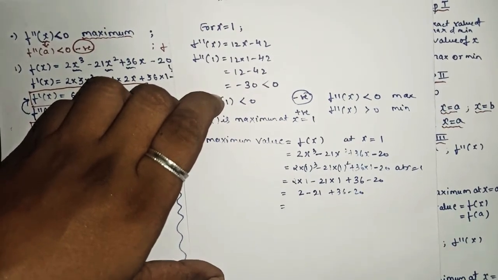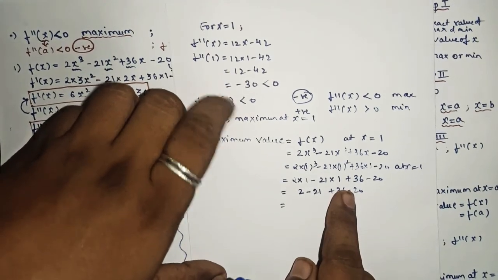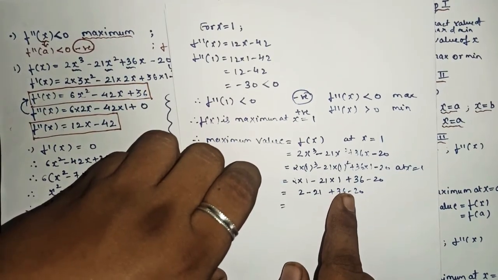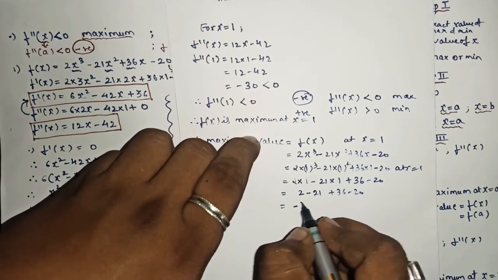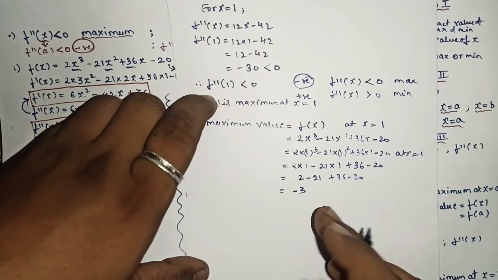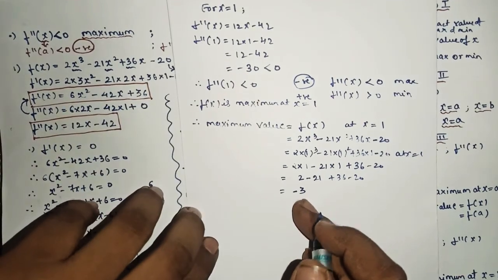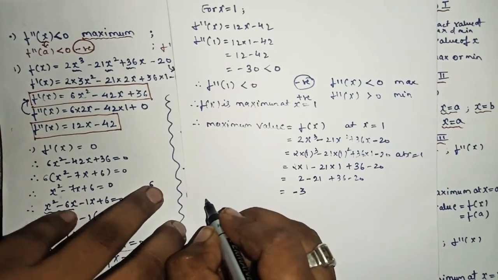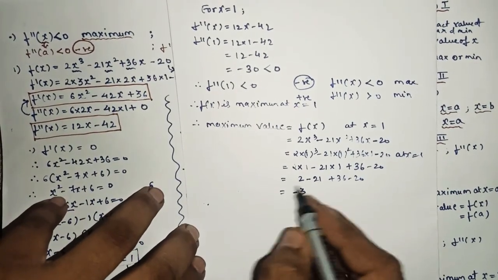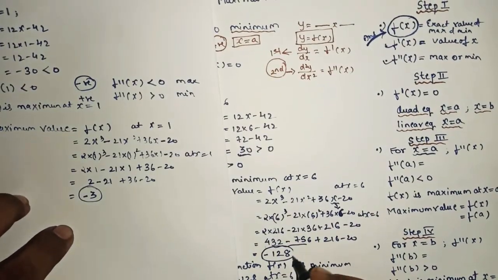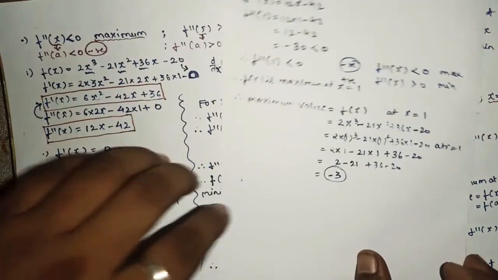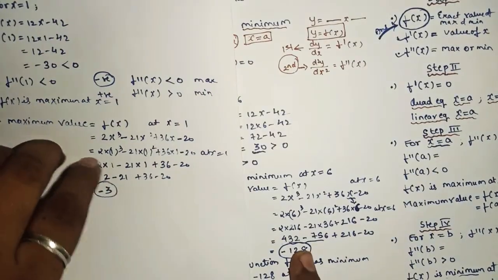So 2 minus 21 is minus 19, plus 36 is 17, minus 20 gives minus 3 here. So yes, here we are getting minus 3. In the last step, as I told, whether it is positive or negative, don't worry about that. It doesn't matter. Here you are getting the value.